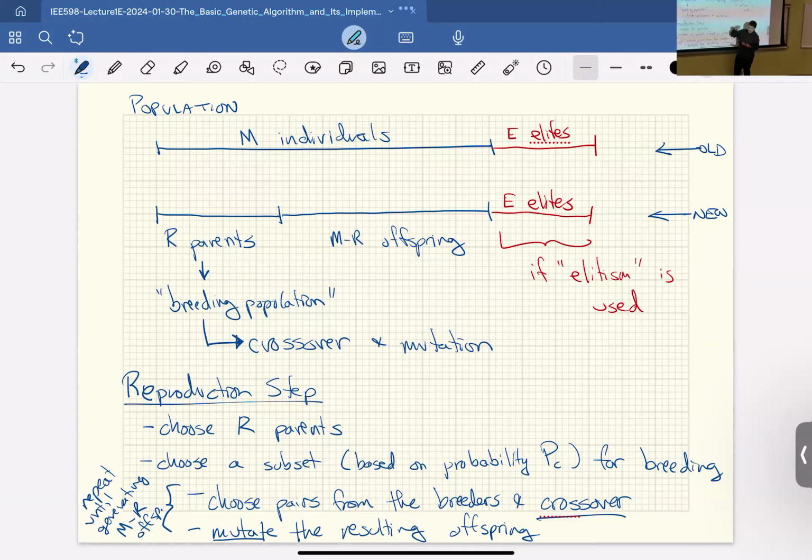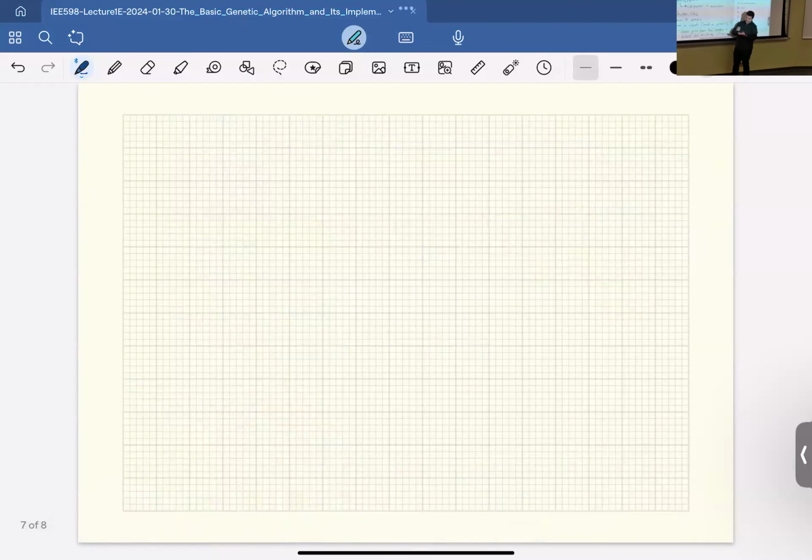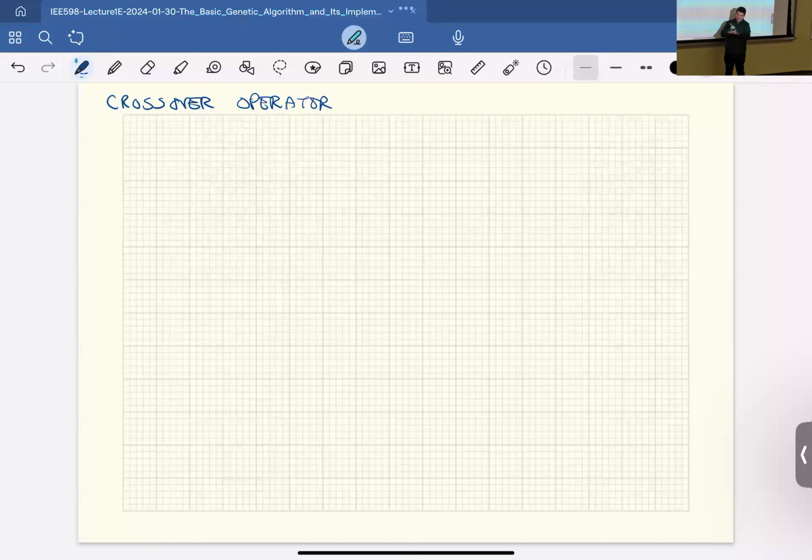Well, we'll get into the crossover operator. I was going to talk about selection first, but I guess we can shift to crossover first. So the crossover operator, there are different forms of crossover.